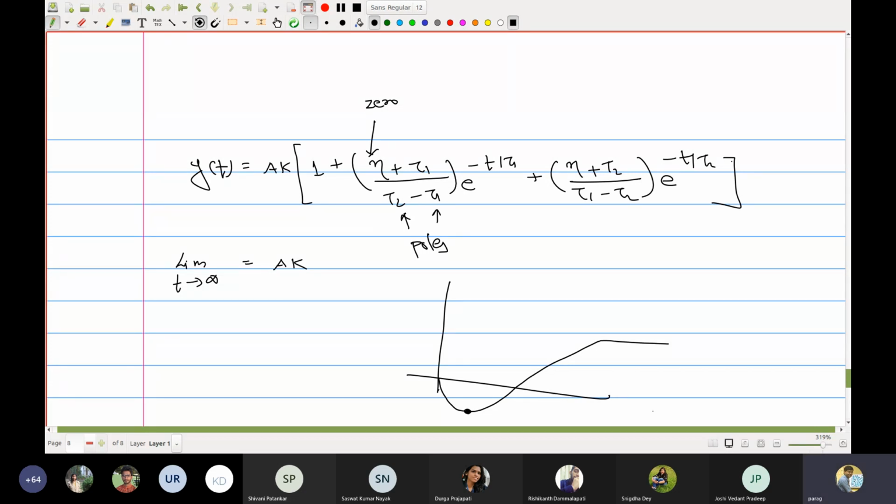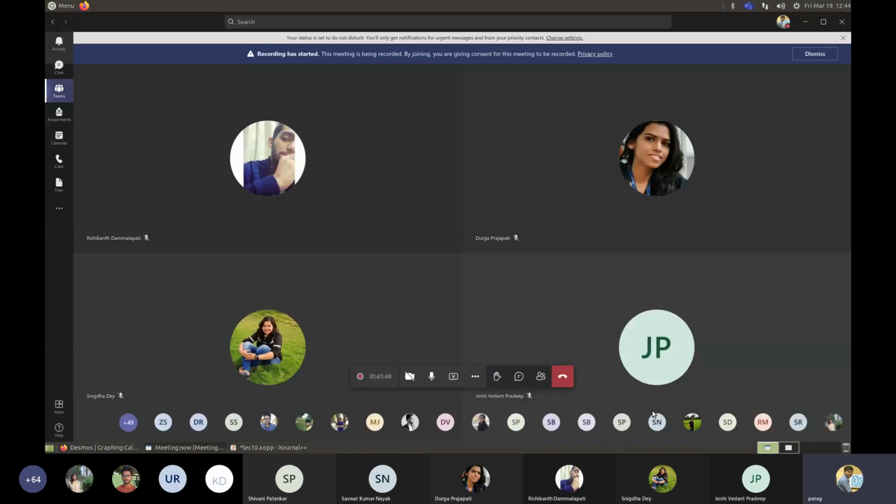Even in case of inverse response, the qualitative features of the system remain the same: addition of zeros makes the response more drastic and addition of poles makes the response slower. So these were several of the features that I wanted to discuss for the analysis of dynamics of systems in transform domain modeling.